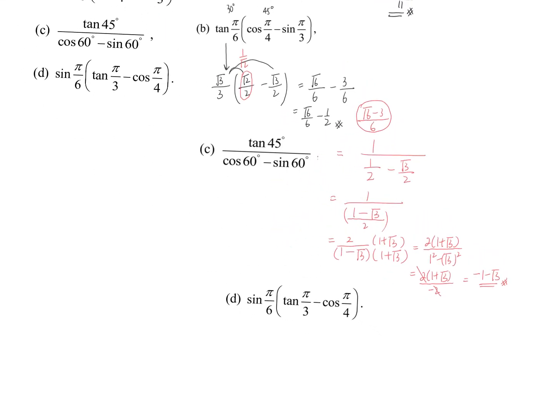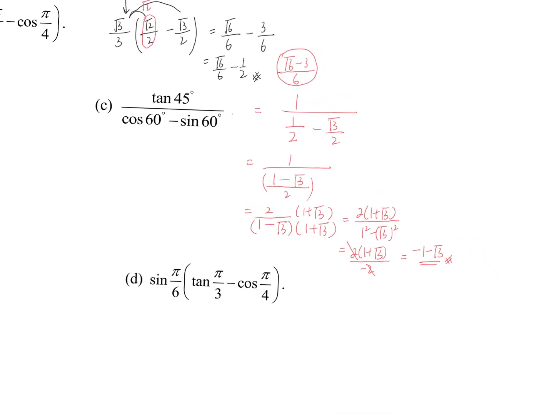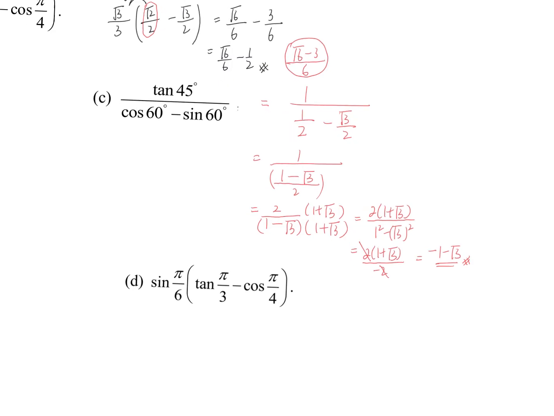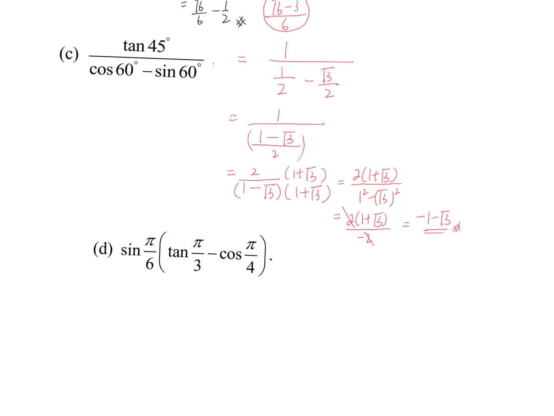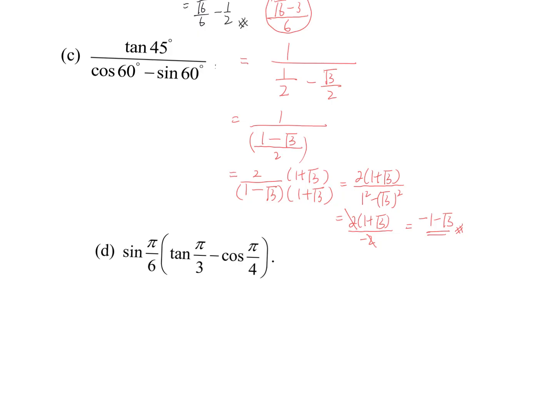Okay, is this question common for O levels? Sometimes it is the first part of a question. What is sine 30 degrees? Half. What is tangent 60 degrees? Cosine 30 is half. Root 3.